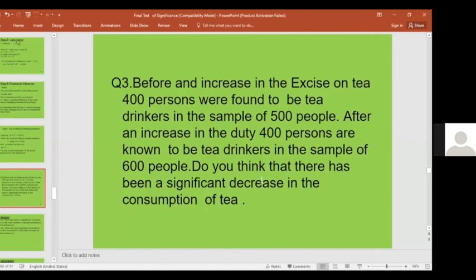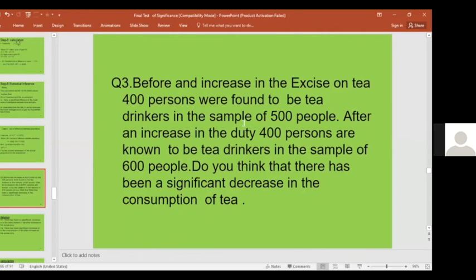Do you think that there has been a significant decrease in the consumption of tea? If you look at this, it is going to be a one-tail test. Decrease means it is going to be a left-tail test. The first proportion here is 400 by 500. The second proportion is 400 by 600.